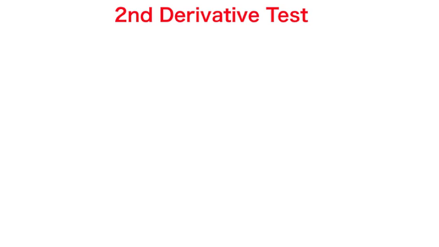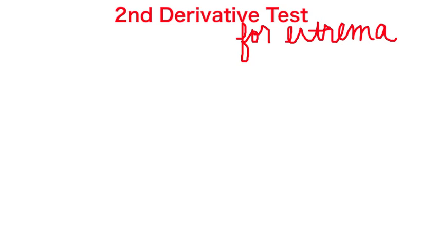The second derivative test, and when I say the second derivative test, I'm talking about the test for extrema. So we already know we can use the second derivative to determine the concavity. We can use this idea of concavity to also figure out the extrema of the function using the second derivative. So here are those steps.